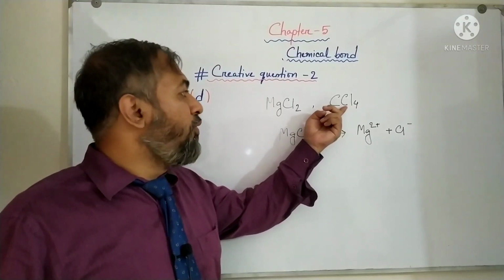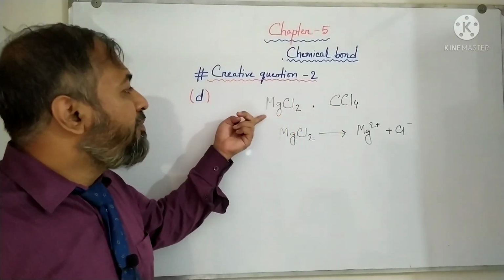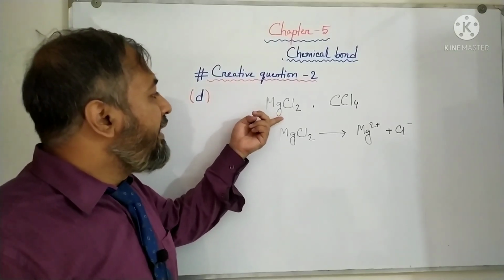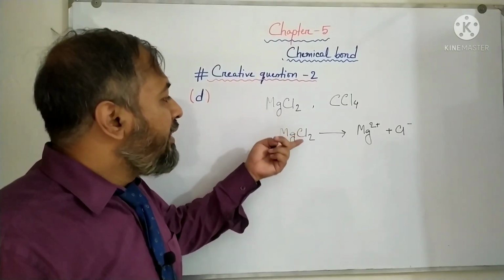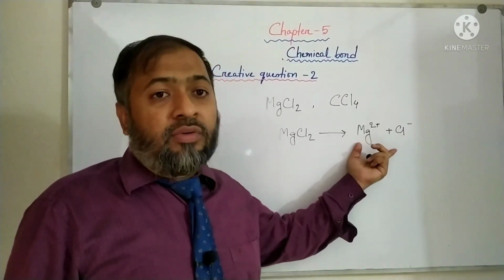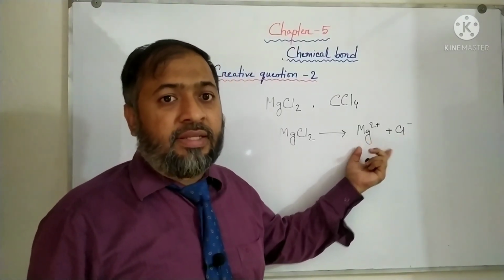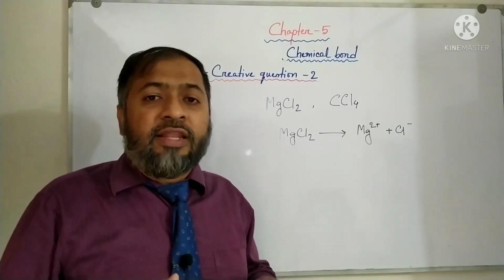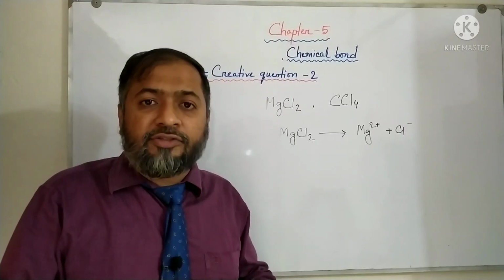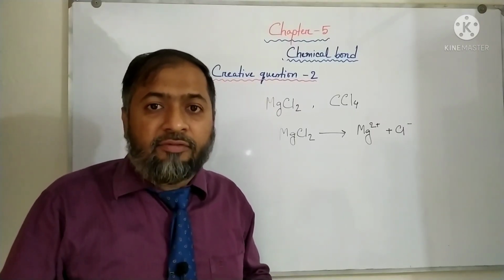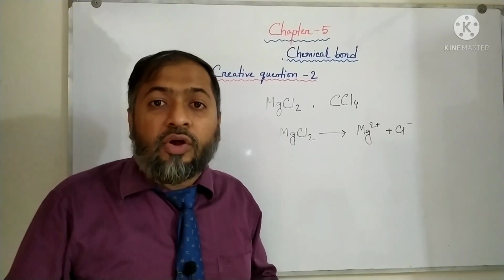But in the case of magnesium chloride, as it is an ionic bonded compound, when we melt it down or dissolve it in water, it produces two ions, and these ions help to conduct electricity. The main thing that influences the flow of electricity is free electrons or free ions. Without the presence of free electrons and free ions, electricity will not conduct.